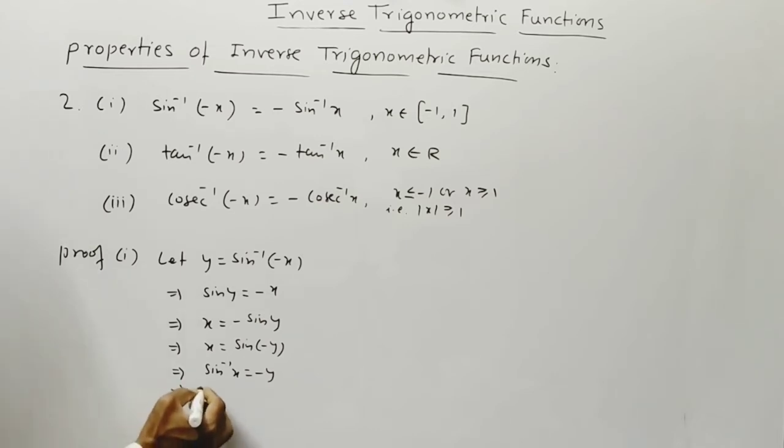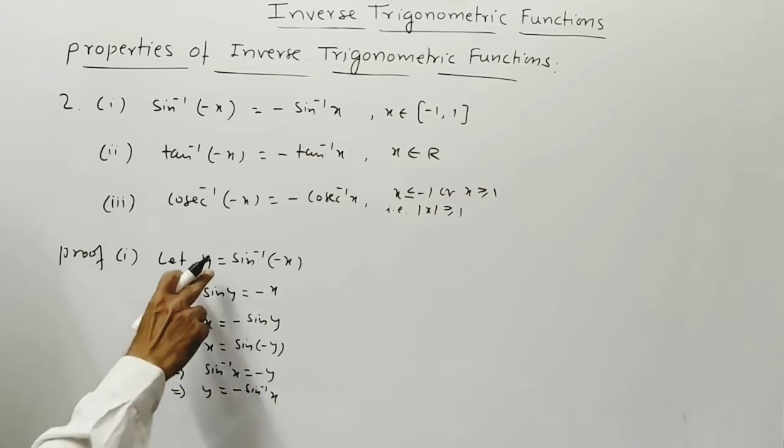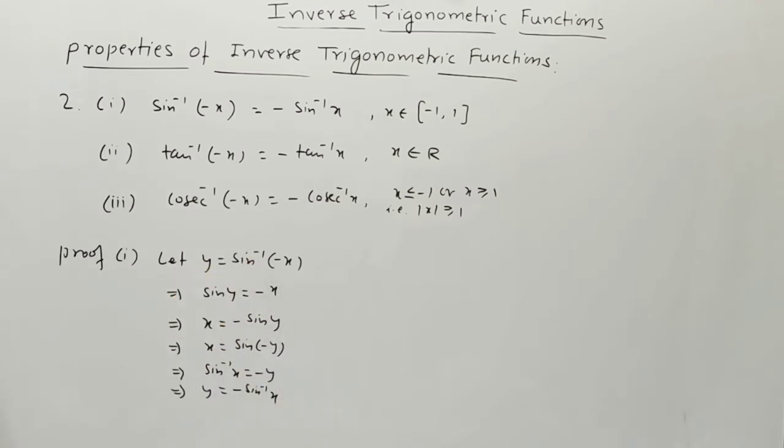This implies y is equal to minus sin inverse of x. We have taken y is equal to sin inverse of minus x. We have proved y is equal to minus sin inverse x. Therefore, sin inverse of minus x is equal to minus sin inverse of x.